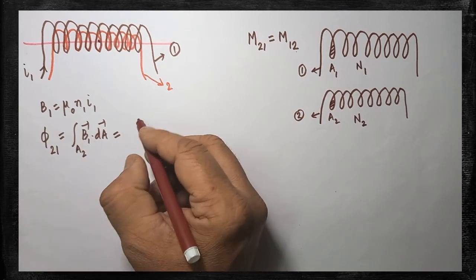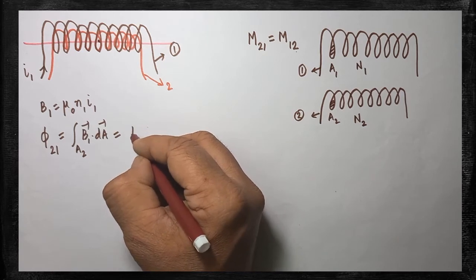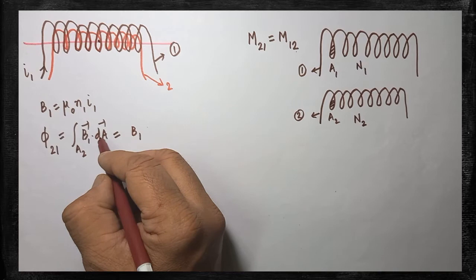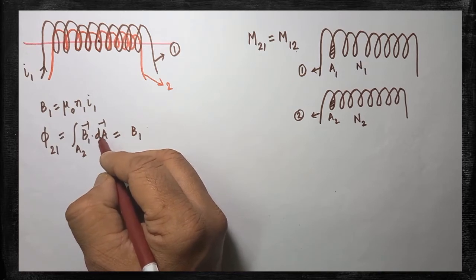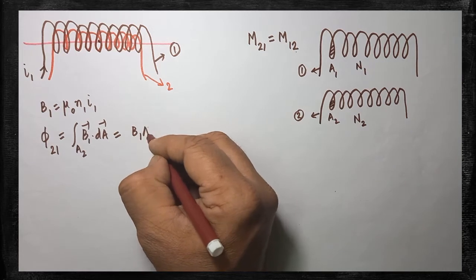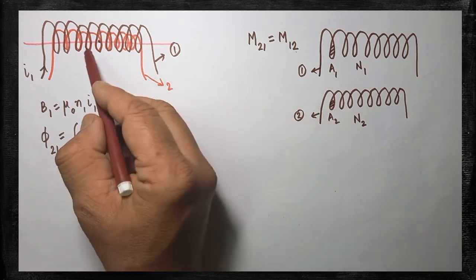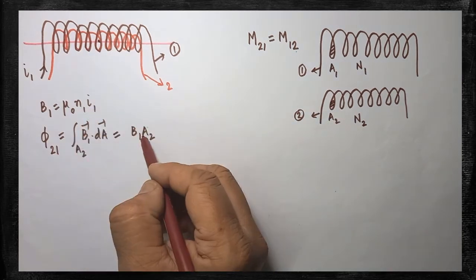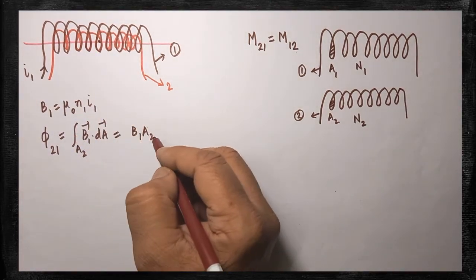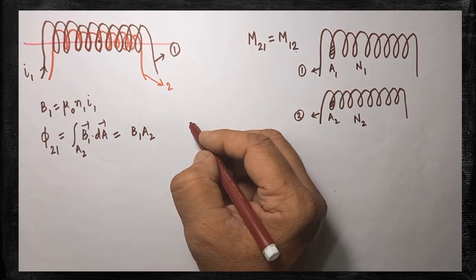After that, what we have to do? We have to write this B1 and integrate dA. After integrating, you will get the total area. Therefore, we can write A2. A2 is the area of the second coil, the area of each turn of the second coil.